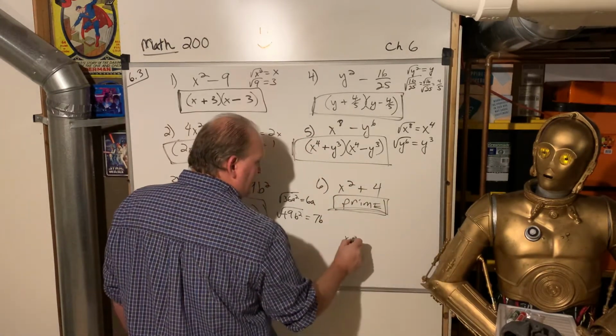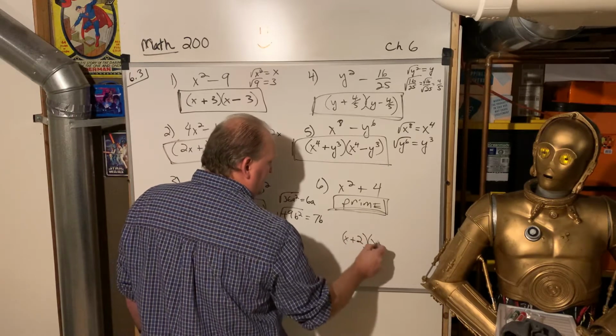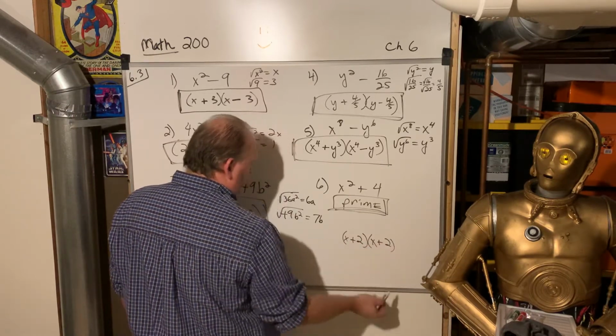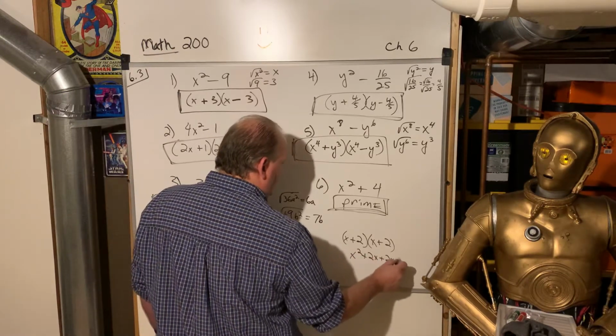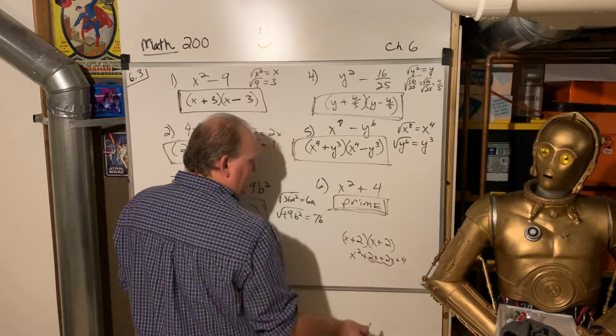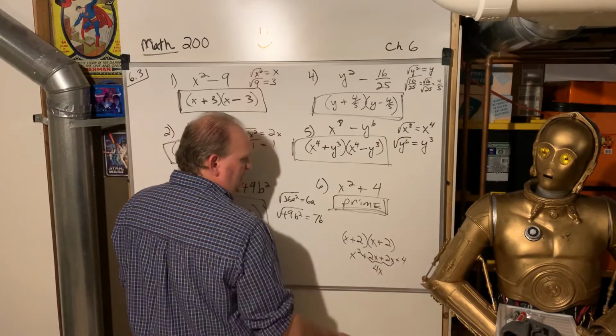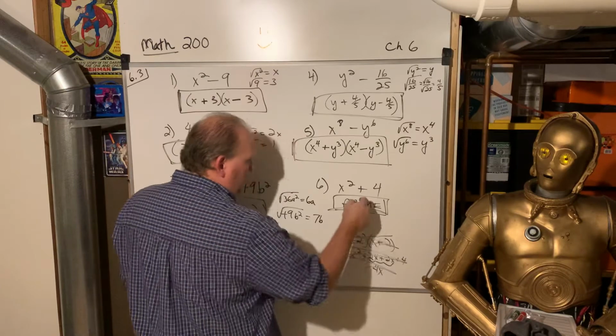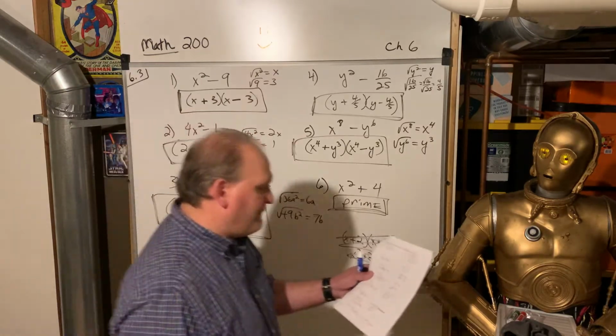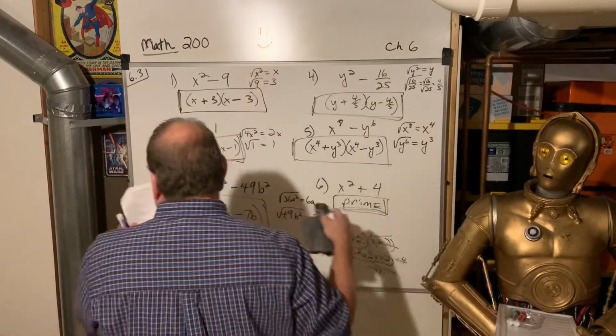If I got x plus 2 times x plus 2, the middle terms don't cancel out. I end up with x squared plus 2x plus 2x plus 4, and that adds up to be 4x. And that's not what's there. So it's prime. It's got to be the difference of two perfect squares, all right?